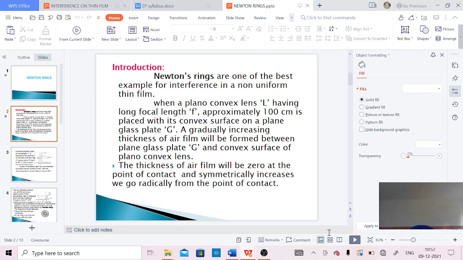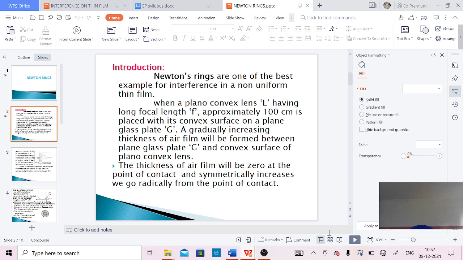We place the convex surface, the non-uniform surface, on that glass plate. A gradually increasing thickness of air film will be formed between the plane glass plate G and the convex surface of the plano convex lens.